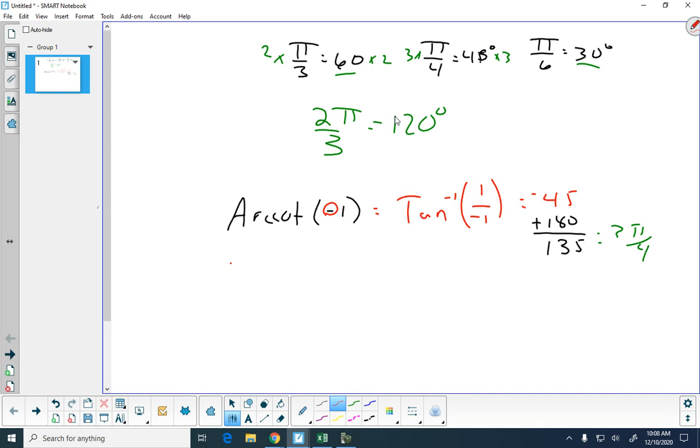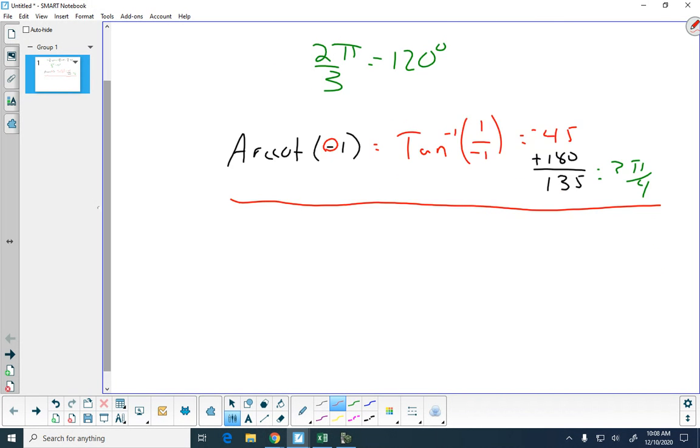Now just remember that, because if on a quiz or test I give you the inverse tangent of negative 1, if that's the problem on your test, the arctangent of negative 1 or the inverse tangent of negative 1, I'm going to get this negative 45, which is my solution.